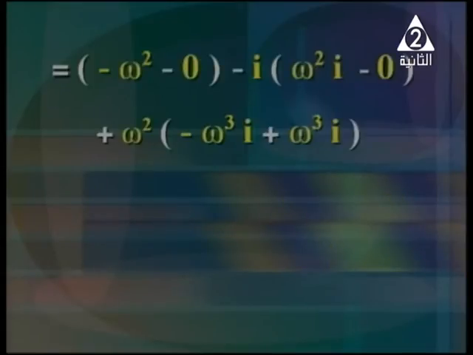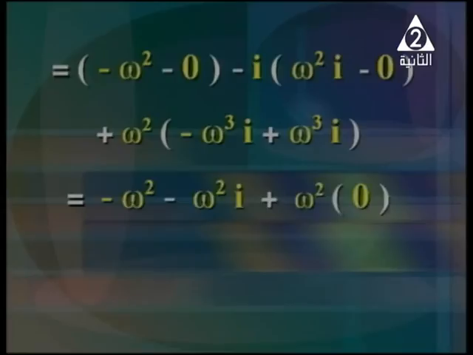minus i multiply the determinant omega, i, 0, omega square, i, omega, plus omega square times its determinant omega, i, negative omega, omega square, i, negative omega square. Then we reduce that.